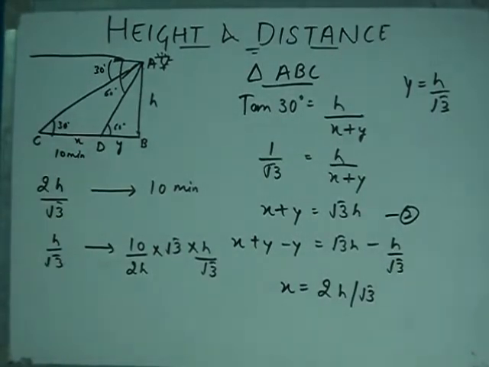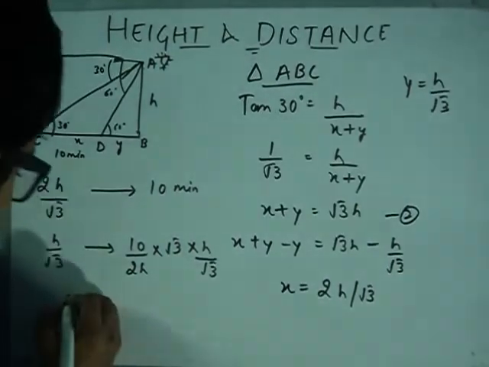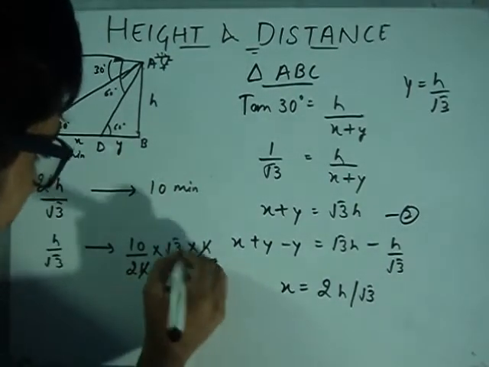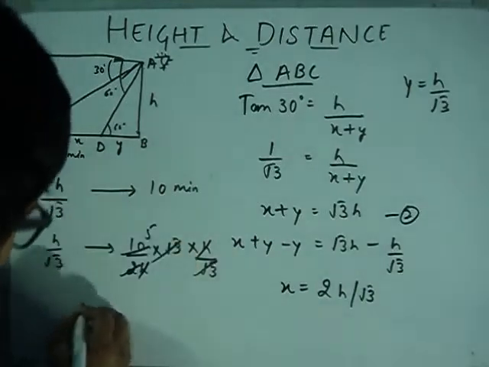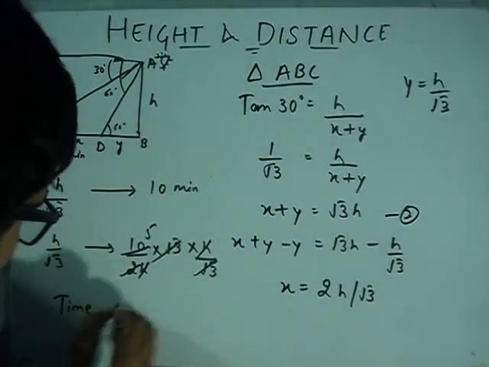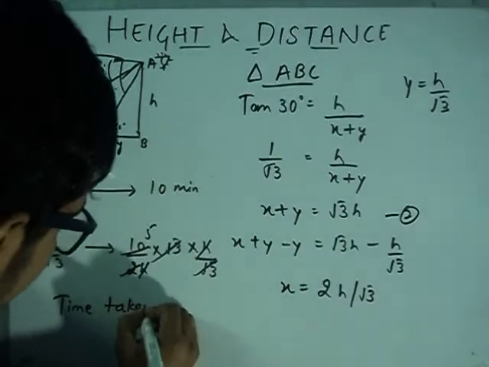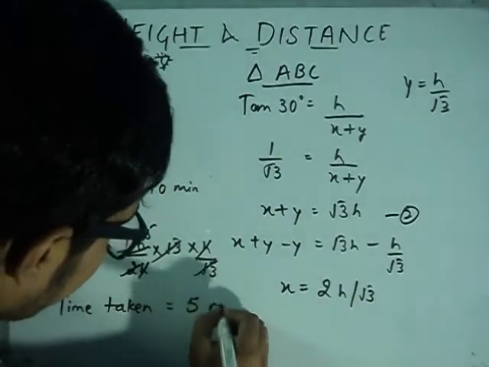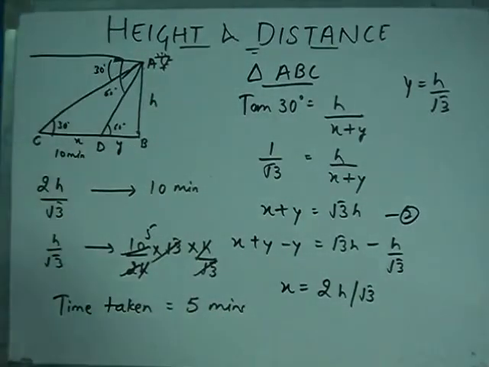It's a unitary method, and by cancellation we get h, and we get this value as 5. So time taken is equal to 5 minutes. So from D to B, the boat is going to take 5 minutes.